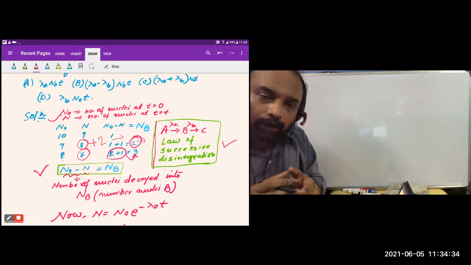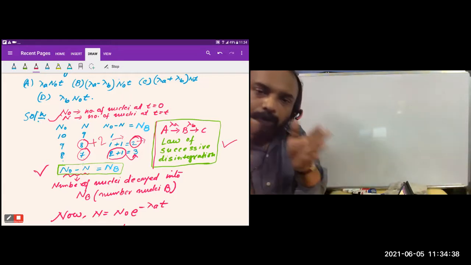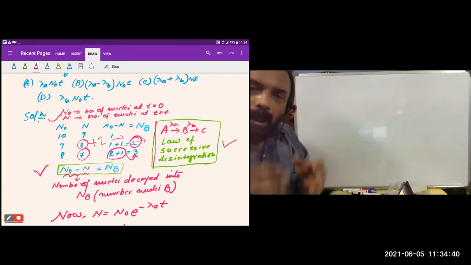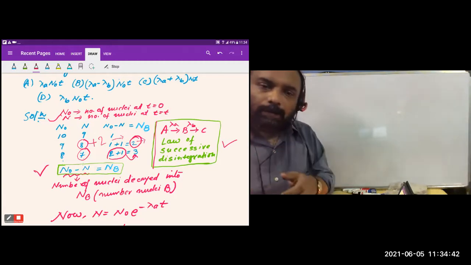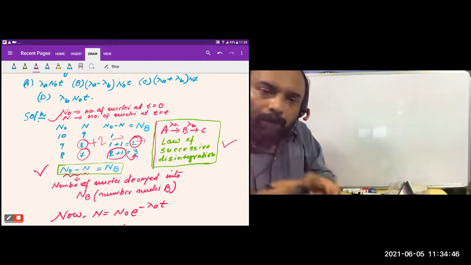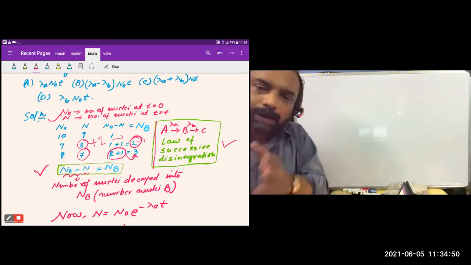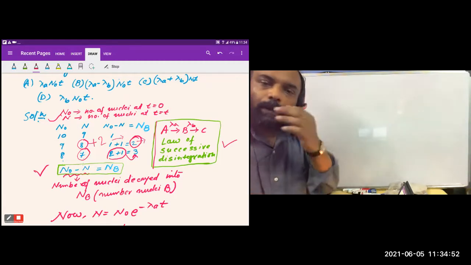So how many particles are gone? N0 minus N. And that many particles become element B. So N0 minus N is equal to NB.